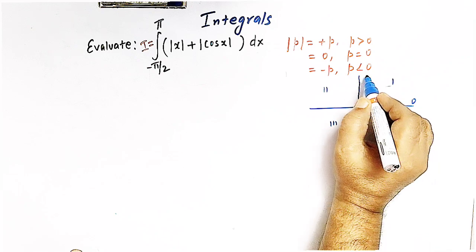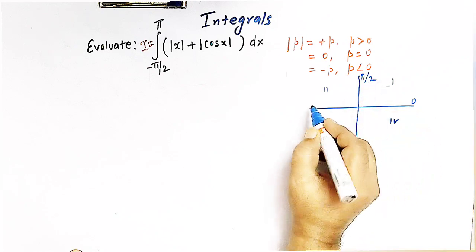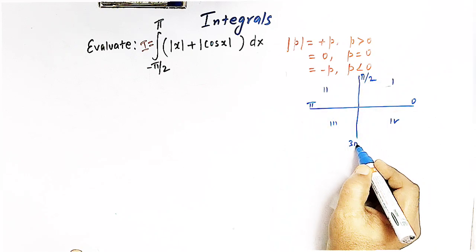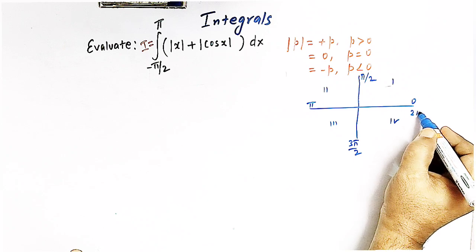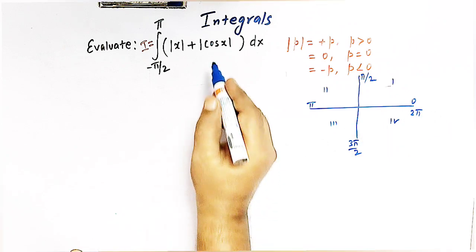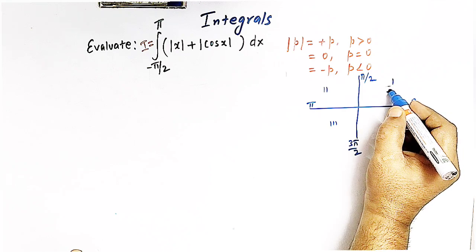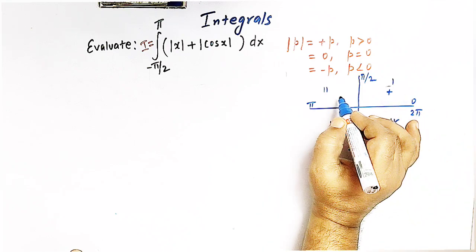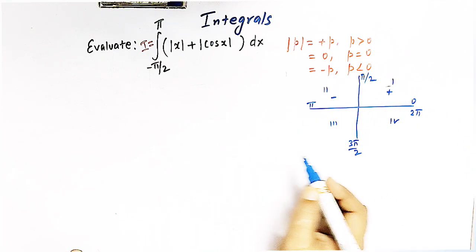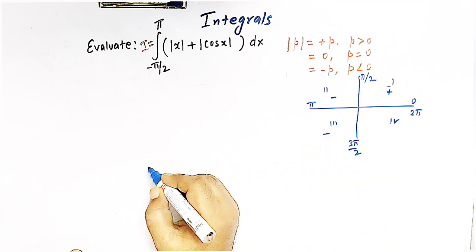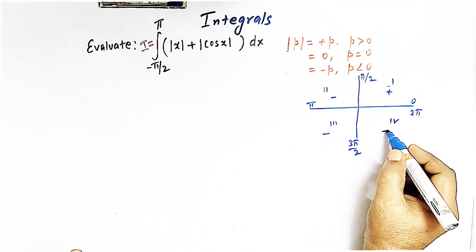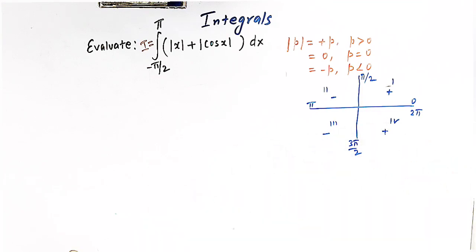Here we have 0. Here we have pi by 2. This is pi. This is 3 pi by 2. And here we have 2 pi. Now we know that the cosine function is positive in the first quadrant, negative in the second quadrant, negative in the third quadrant, and positive in the fourth quadrant.